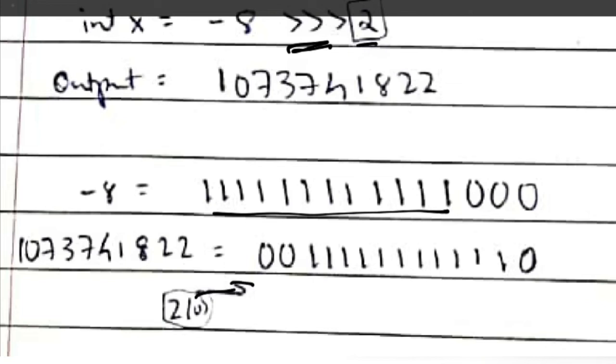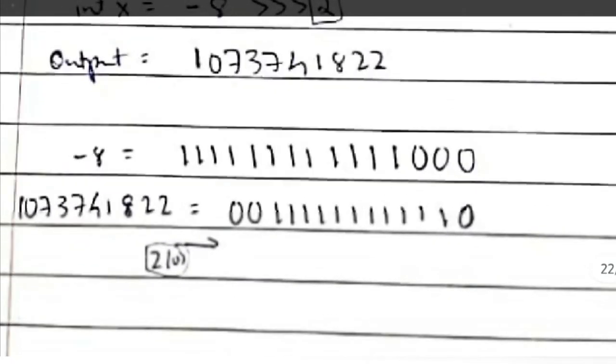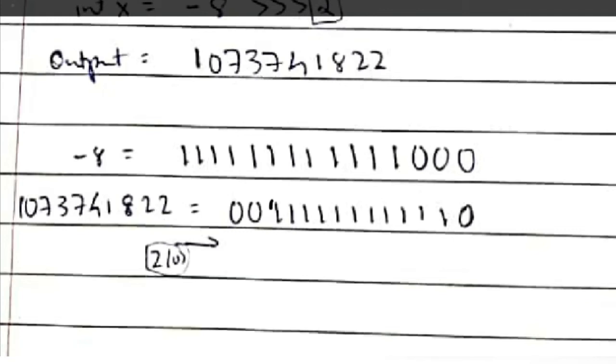When we insert 2 zeros from here, it's no more a negative number, it became a positive number, because the only differentiating factor between a negative and a positive binary is the first bit. It should be 1 for negative numbers. The first bit is seen, it is 0, so it's a positive number. Okay, so in this case the number is different. It becomes a very large number because we have a great number of bits to be considered after the positive one.